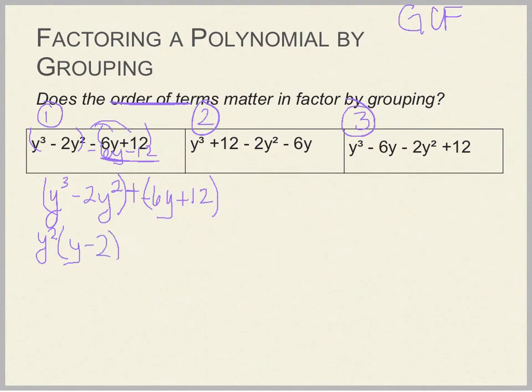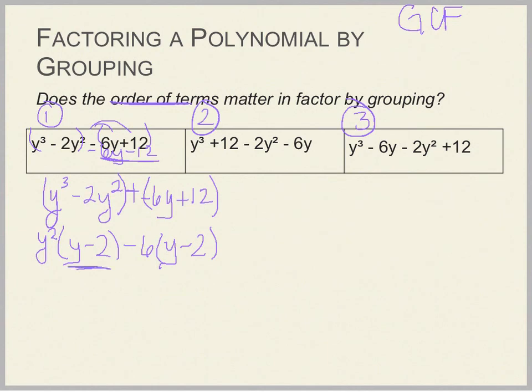I'm then going to take out the greatest common factor of the second term, paying particular attention that I want the binomial left over to be y minus 2. So in this instance, with a negative 6y plus 12, I'm going to take out a negative 6. This is going to then leave me with y minus 2, which is what I want.